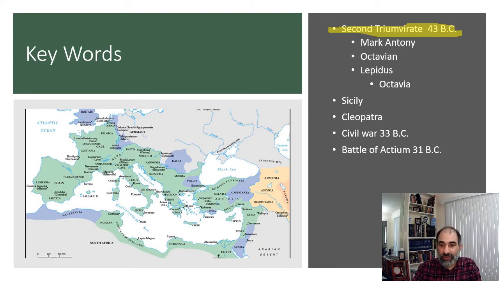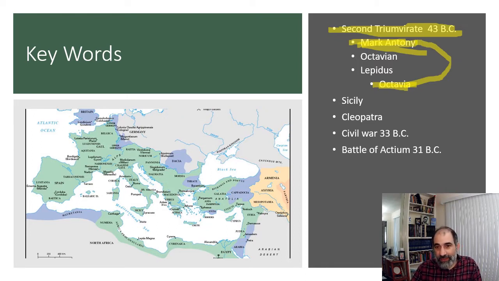In this case, there's this other name here, Octavia, another one of our key words. Octavia was the sister of Octavian. And she's going to marry Mark Antony. You want to keep that in mind because that's going to be important in just a couple of minutes, this relationship they're going to have together.